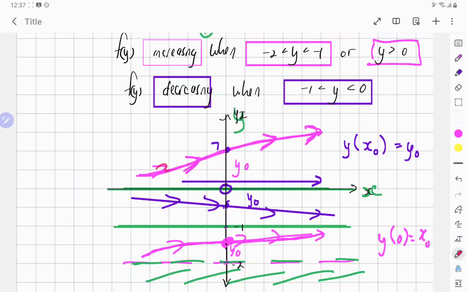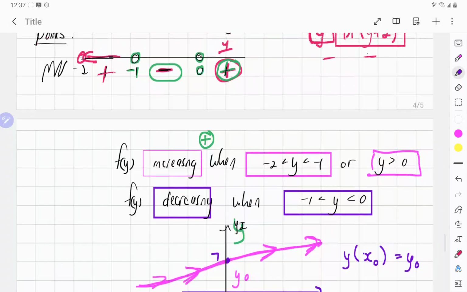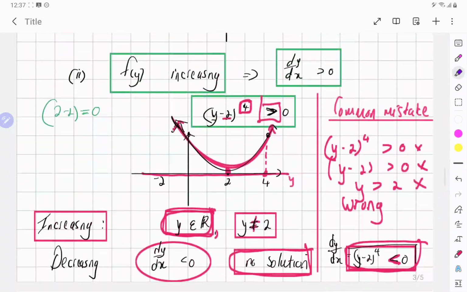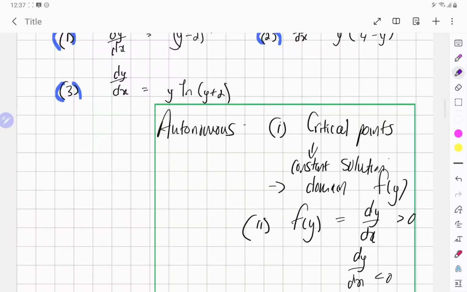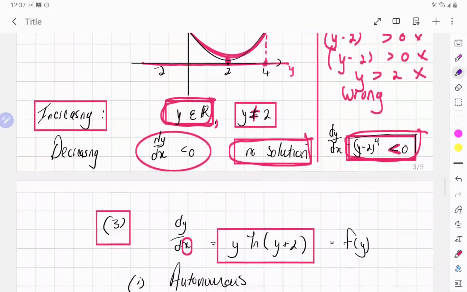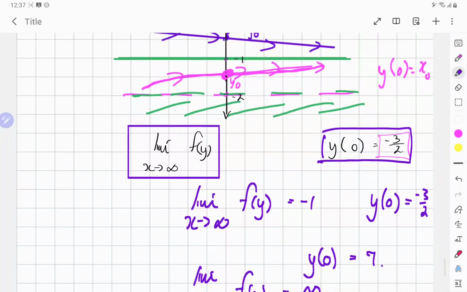This graph is going to continue indefinitely. So yeah, my answer will be infinity. And those are the two examples I have done here, which it's very important to make sure you understand before a test. And this is the end of Autonomous Part 2.